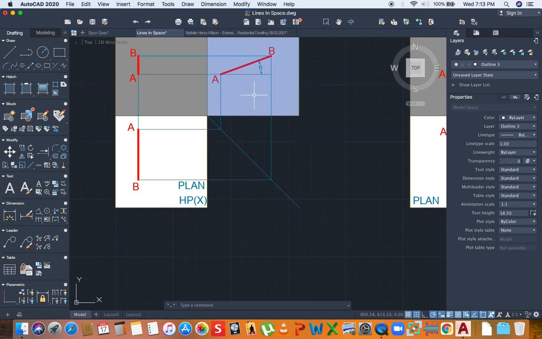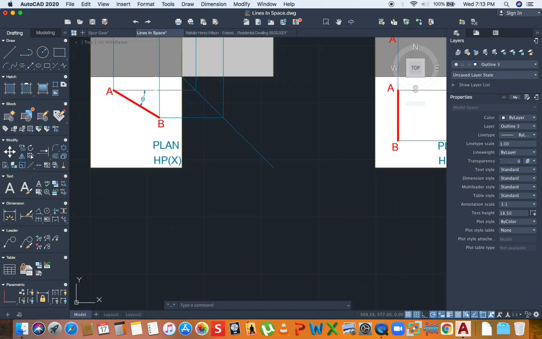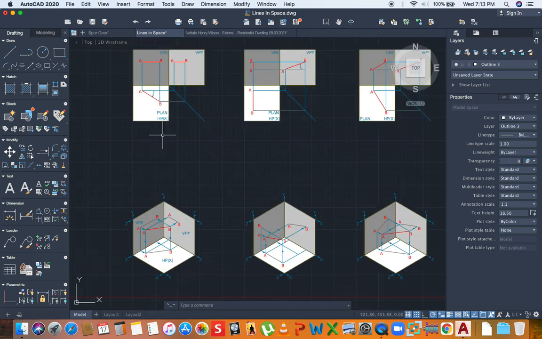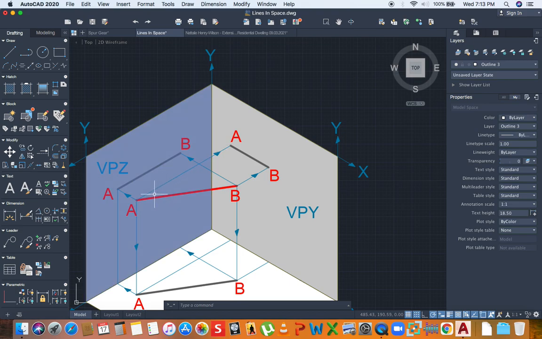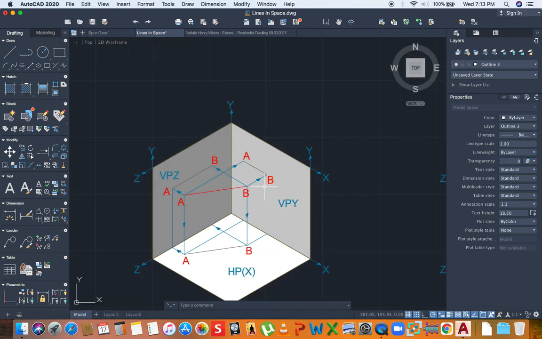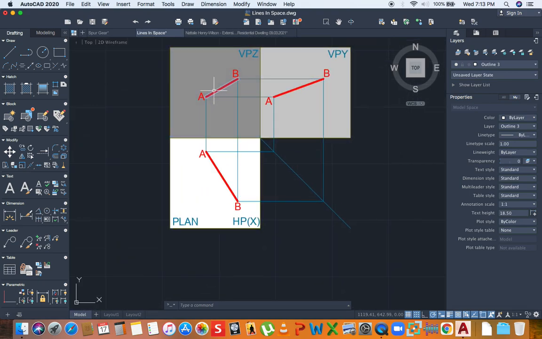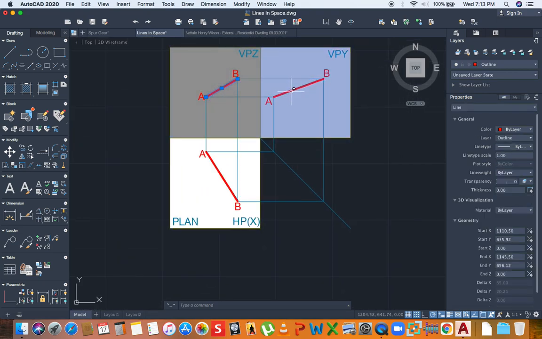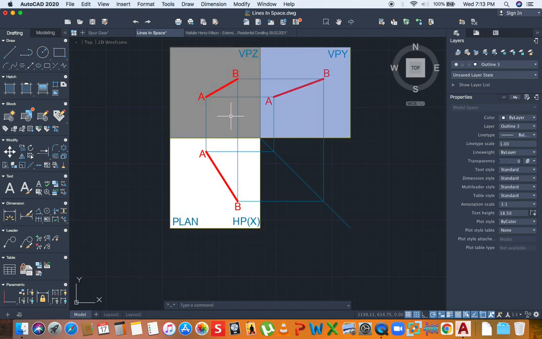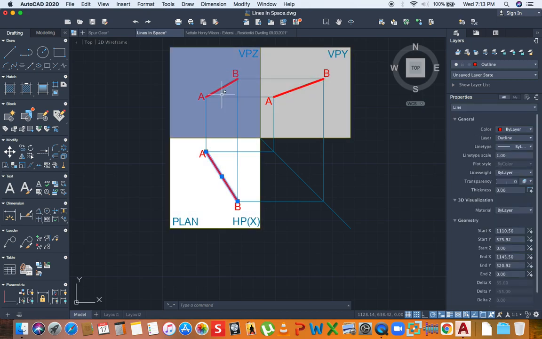So while it's being shown on the vertical plane, this is the angle that it slopes to the horizontal axis, while this one is being shown on the horizontal plane, but its slope is to the vertical axis, as you can see in this illustration here, the line in space. Now, over here, this line is not parallel to any of the axes, and in none of these views can you determine the true length.